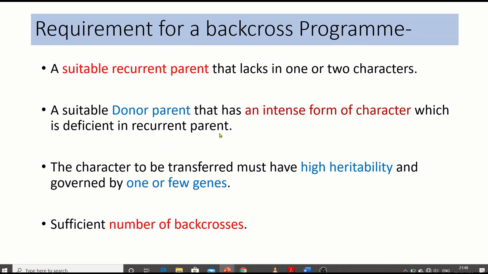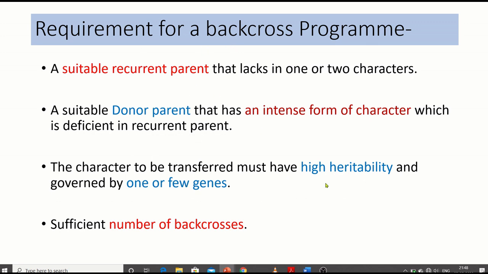The other is called the donor parent, where the agronomic characters are lacking but it has the desirable one or two characters. So our intention is to transfer one or two characters from the donor parent to the agronomically superior, high yielding parent.